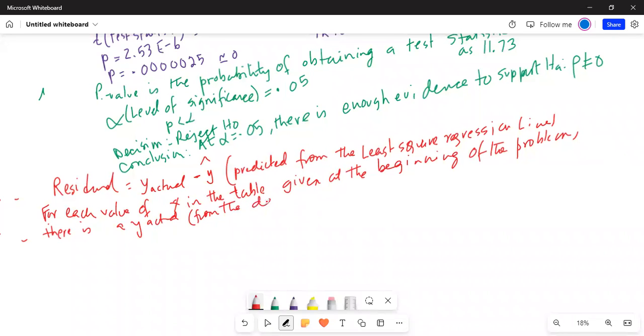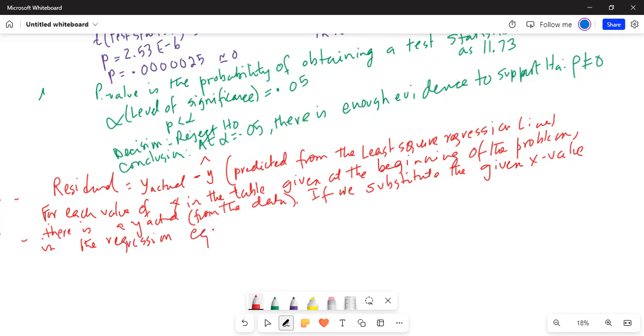Now, if we substitute the given x value in the regression equation, you will get y hat, or predicted y value for that x.